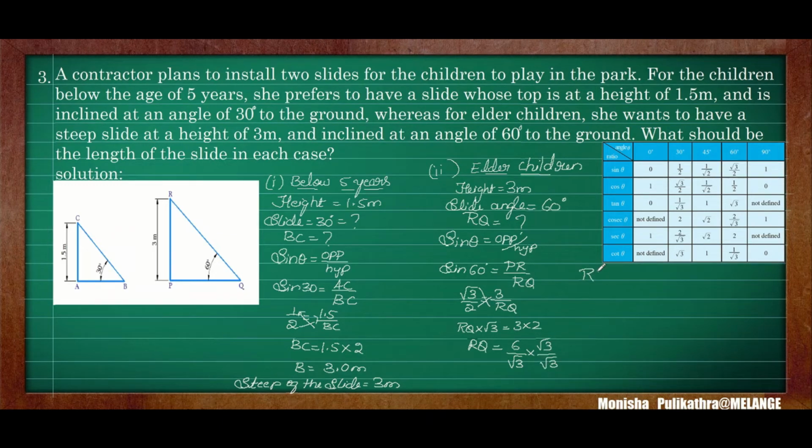So it will become RQ is equal to 6 root 3 over root 3 into root 3, which is root 3 whole square, where square and root get cancelled. 3 will be remaining. So 3 1s are 3, 3 2s are 6. So RQ is equal to 2 root 3 meter. Therefore, the steep of the slide in the case of the slide which is used for the elder children is 2 root 3 meter. So I hope you understood this.